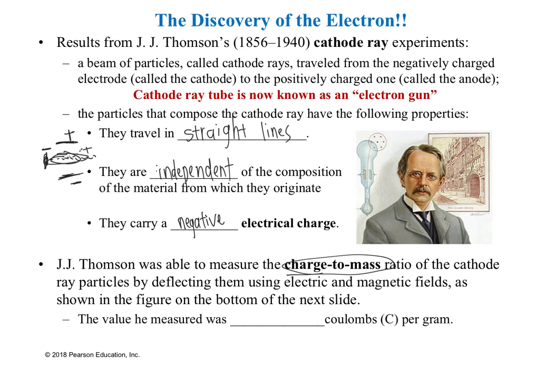This is a factor of two different variables, and he measured that it had a value of 1.76 times 10 to the 8 coulombs per gram. So for every gram of material that was used, this many coulombs was measured, and that is a charge unit.